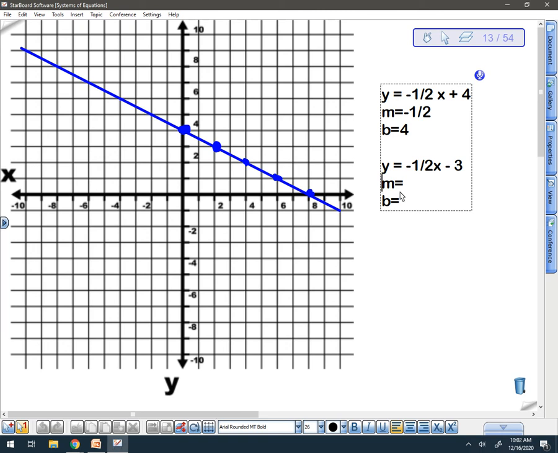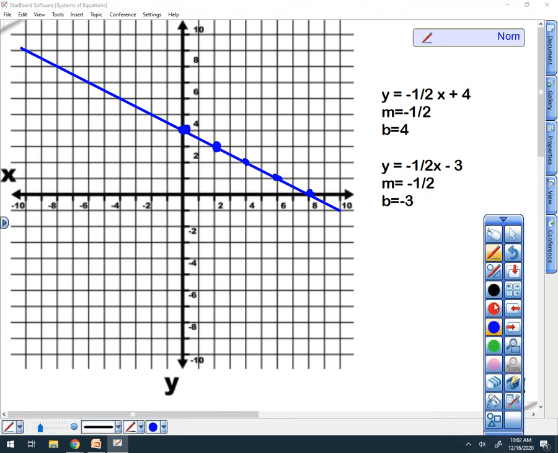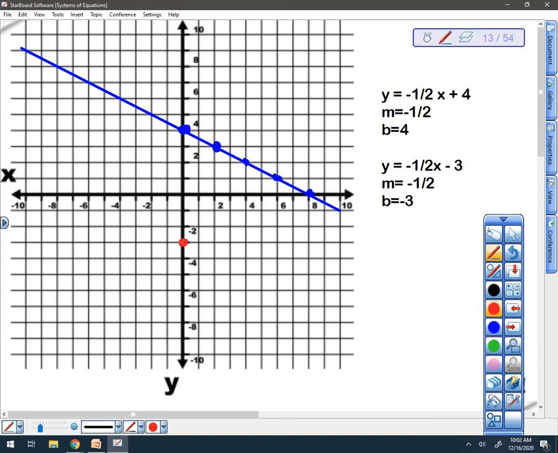Just hang in there. We're almost done. It's our last example. So slope -1/2. Our B is -3. So if we take a look at this, go to graph that. It's going to cross at -3. The slope is -1/2. So down 1/2, down 1/2, down 1/2, and so on.